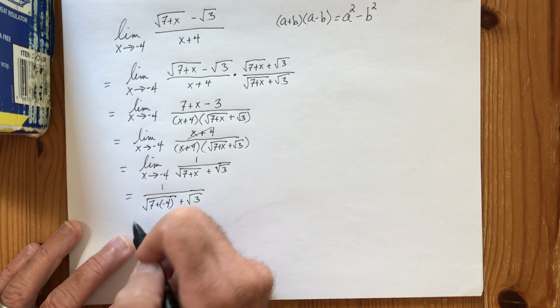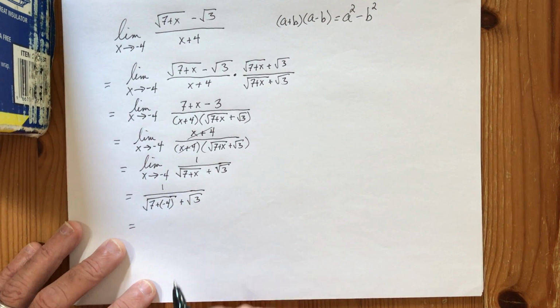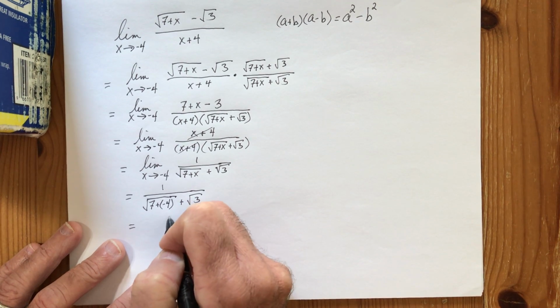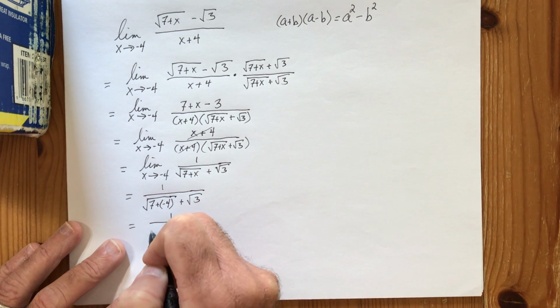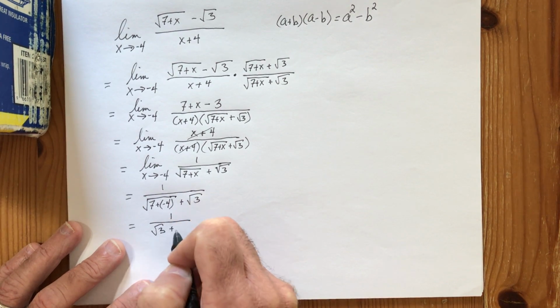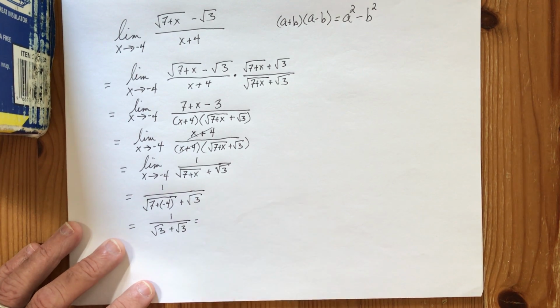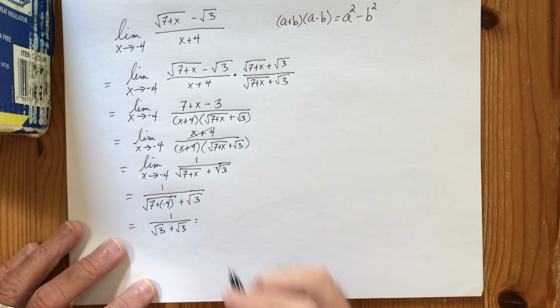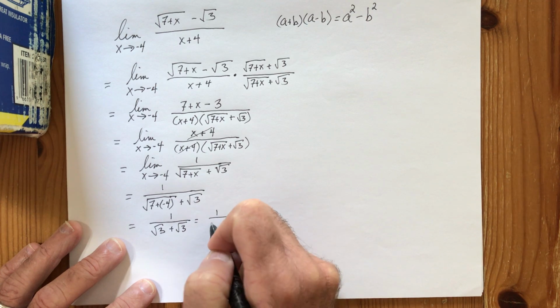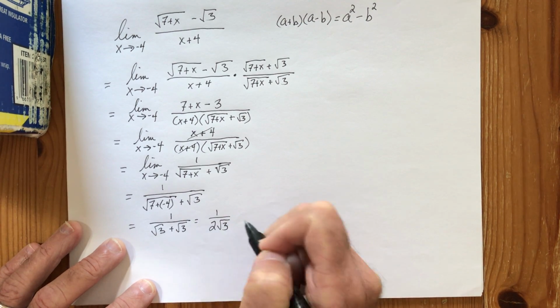And so we have this, and that simplifies to 1 over the square root of 3 plus the square root of 3. And then doing a little bit of algebra on this, this becomes 1 over 2 times the square root of 3.